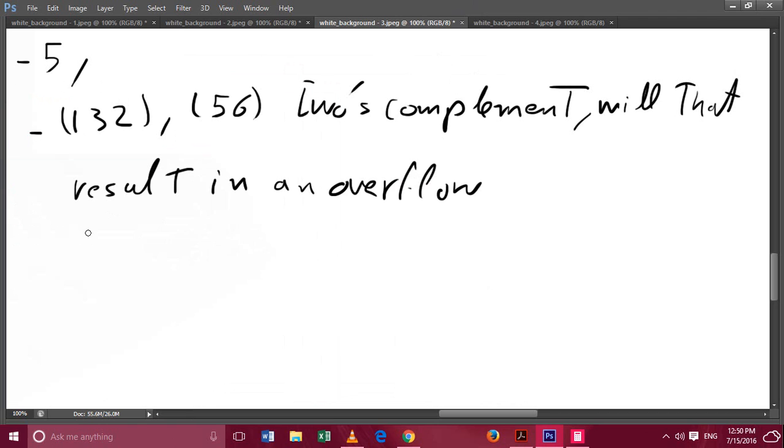So you add them up decimally, and you can determine how many bits are needed to represent this, and how many bits are needed to represent this, and you can just compare. If they're the same, that's fine, so there is no overflow. But if this number needs more bits than the biggest of the two needs, that means there's an overflow.